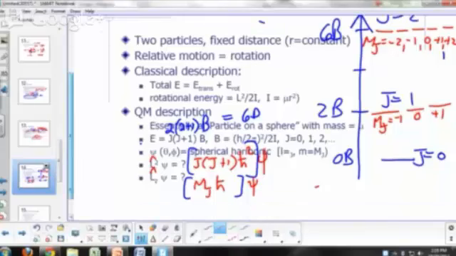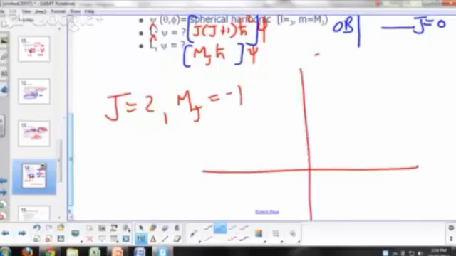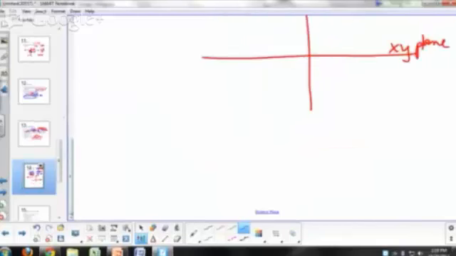Okay? And if I were to ask you to sketch the vector diagram for, let's say, J equals 2, M sub J equals -1, what would that vector look like? So if this was your z-axis, and this is your xy plane, what would the L vector look like? Is it going to be pointing down or up? Pointing down.